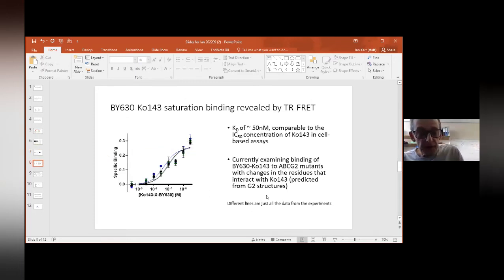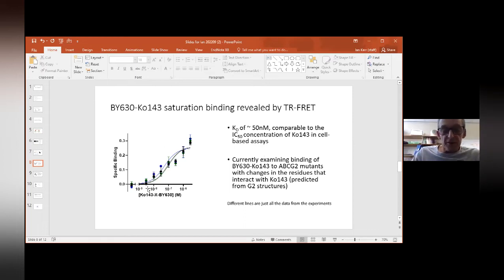We then undertook this TR-FRET assay using this BODIPY 630 KO143, so this fluorescent inhibitor of ABCG2. And we could show specific and saturable binding of BODIPY KO143 to ABCG2 with an affinity of about 50 nanomolar, which is very, very similar to the sort of concentrations of KO143 that inhibit ABCG2 in cell and membrane assays. I should say all of these assays are done in cell membrane.